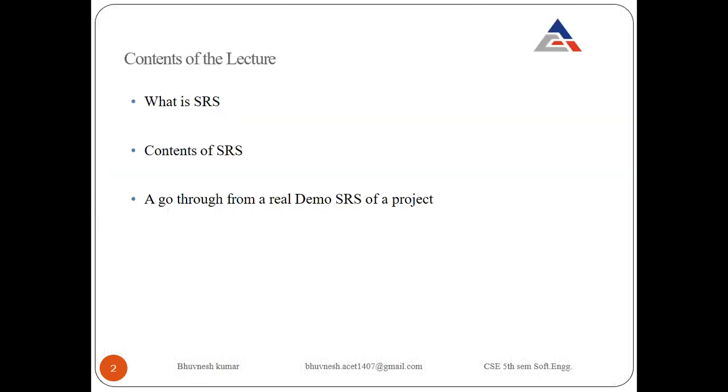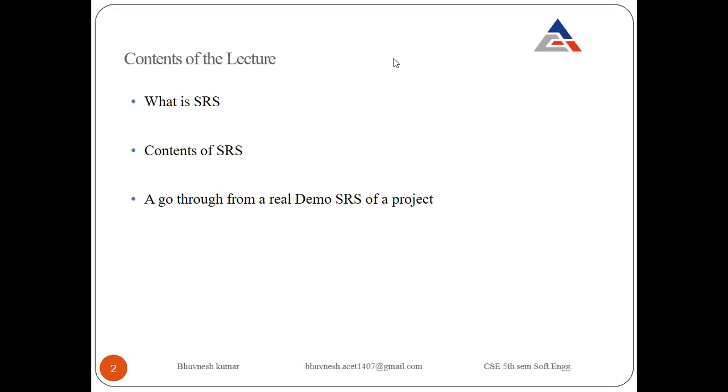The content of the lecture: first of all, what is SRS? SRS is a formal document, and the full form of SRS is software requirement specification. All the requirements of software should be specified in a single document, in a Word document, a text document.